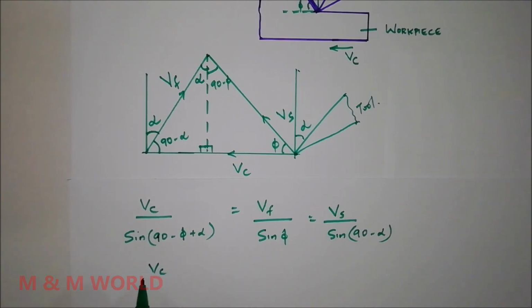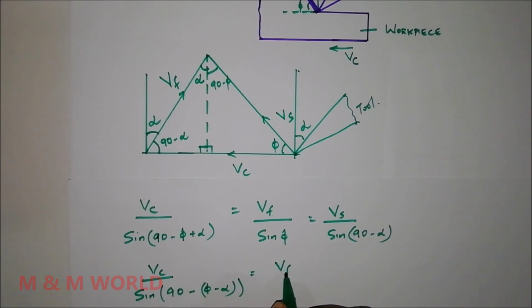Therefore VC by sine of 90 minus phi minus alpha is equal to VF by sine phi is equal to VS by sine of 90 minus alpha.